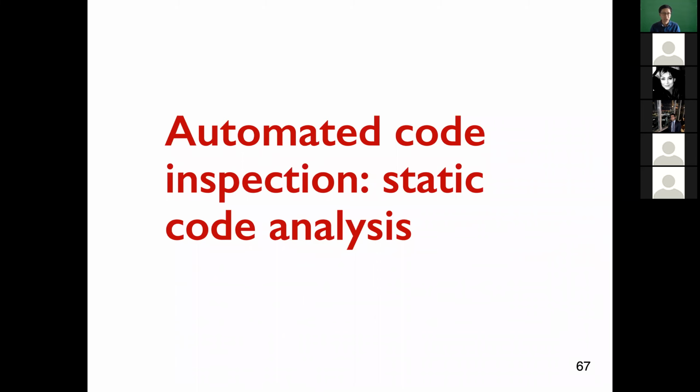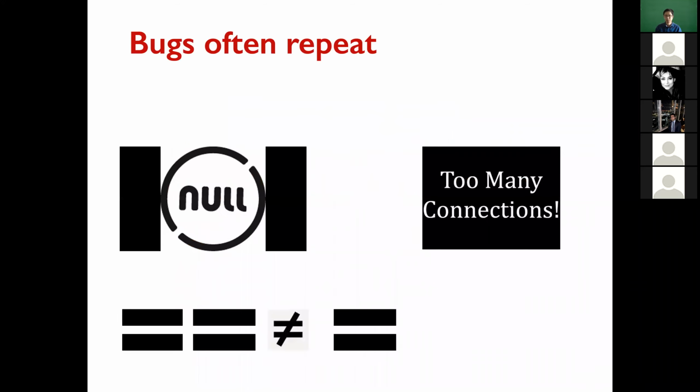So here we talk about automated code inspection or static code analysis. Some of you may have used them or heard of them, okay? So why can we use automated code inspections or static code analysis?